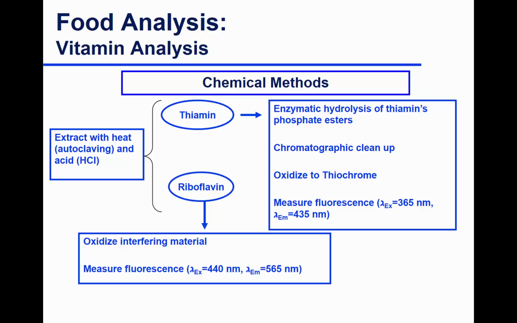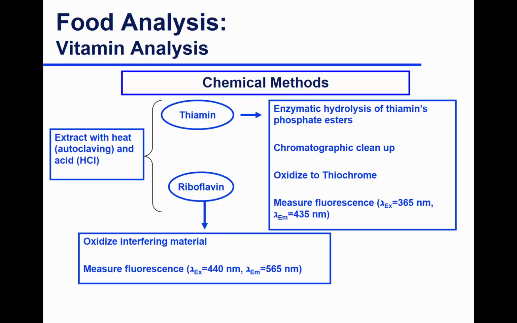For thiamine, since they can form phosphate esters, you add an enzymatic step to remove the ester, and then you do a chromatography step to clean up and remove any interfering substances that may fluoresce. You don't want that.